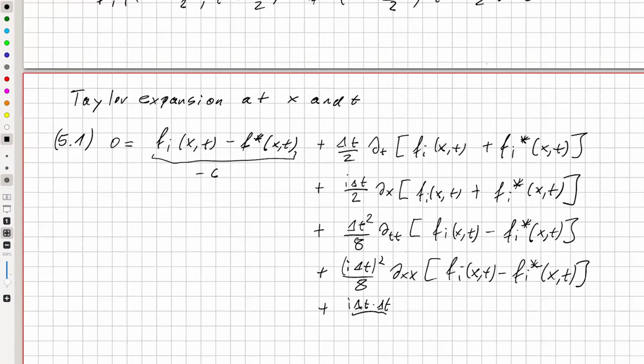So it will only be the 1/2 times the 1/2, so it's a quarter.